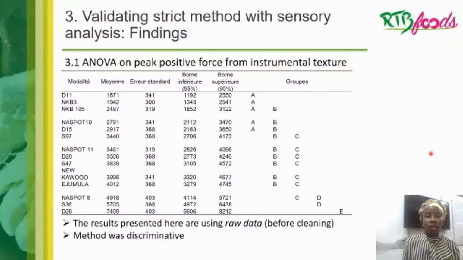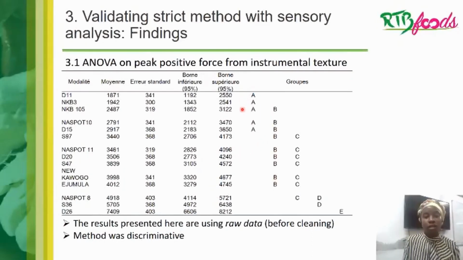When it came to the ANOVA results, you notice that with our 12 genotypes, we were able to get discrete groupings for the texture of the different varieties.